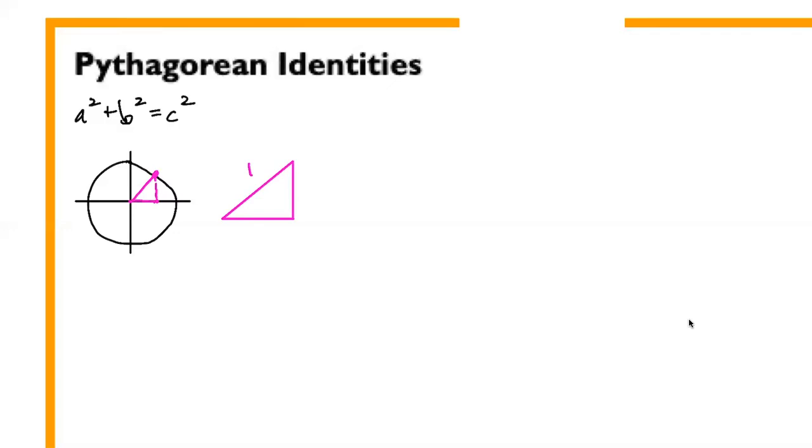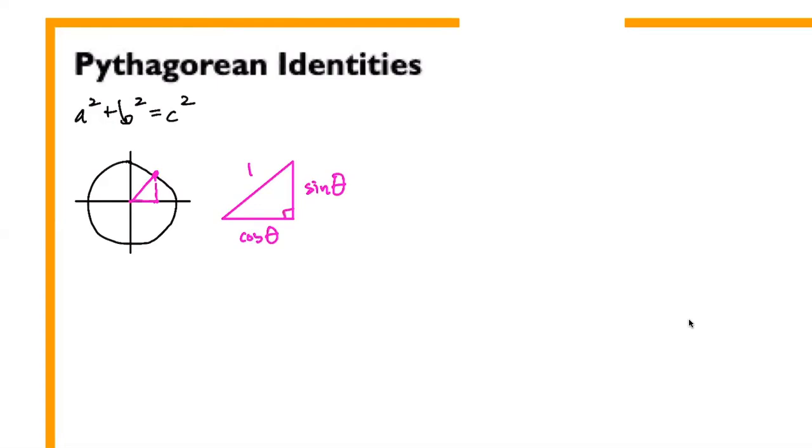Cosine. Yeah, the x value is cosine. So instead of x on the bottom, I'm going to write cosine theta. And that means that sine theta represents the y value of the coordinate. And so I'm going to label this up and down side as sine theta.